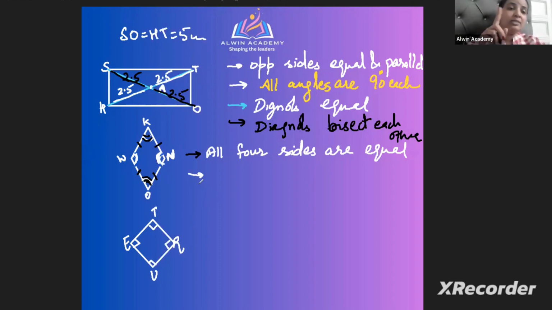All four angles are not equal in a rhombus. When all four angles become equal, that rhombus becomes a square. So when I say it's a rhombus, I am saying that the opposite angles are equal. And if one pair is acute, the other pair is obtuse.